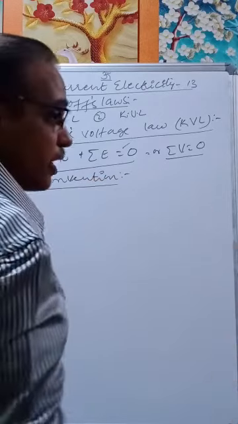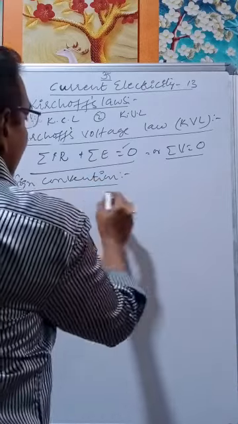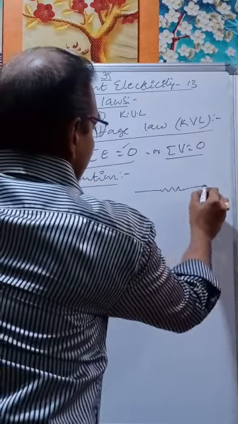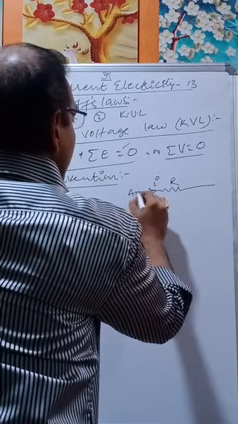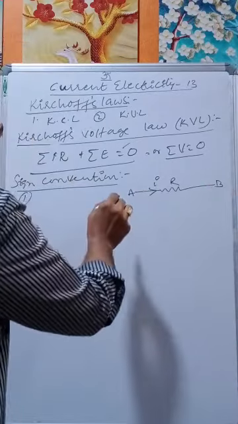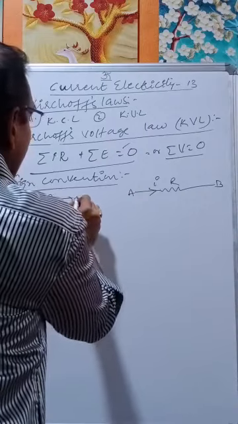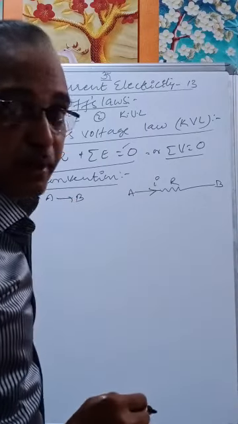The sign convention to be followed for drop: if you are moving like this, a resistor R is there and the current is I, this is A to B. If we are moving from A to B, remember carefully, sign convention is very important.